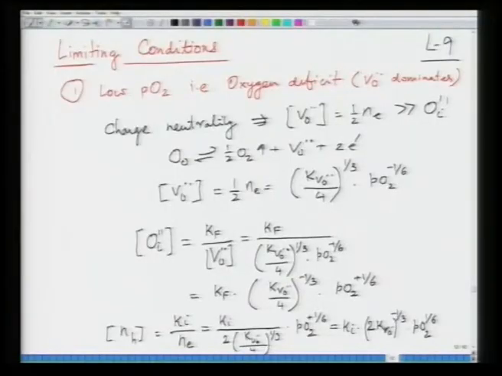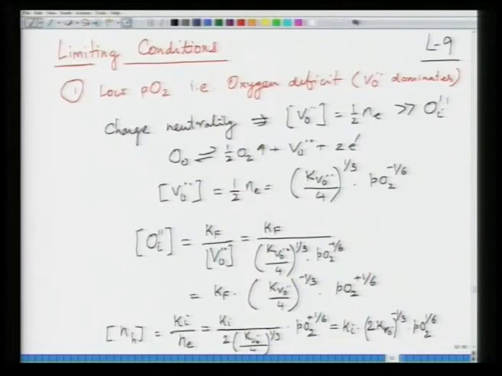In the last class we were determining the limiting conditions to determine the equilibrium diagram of concentration versus partial pressure. The first condition we took was low pressure of oxygen, that is when oxygen deficiency dominates, that is oxygen vacancies dominate in this particular material.